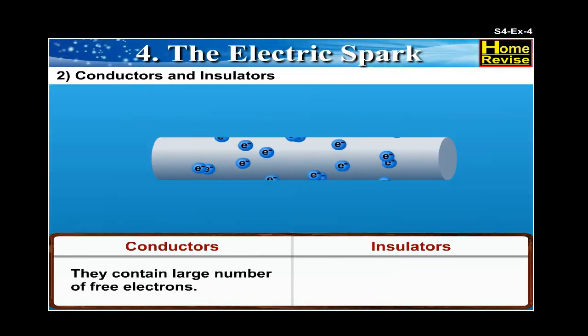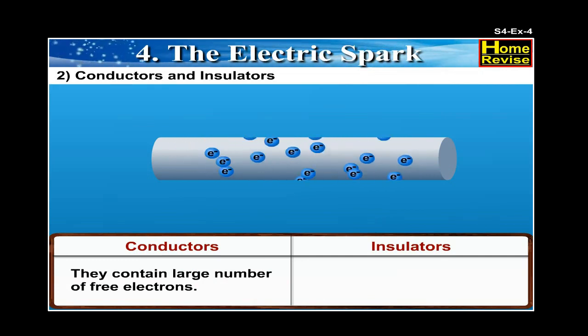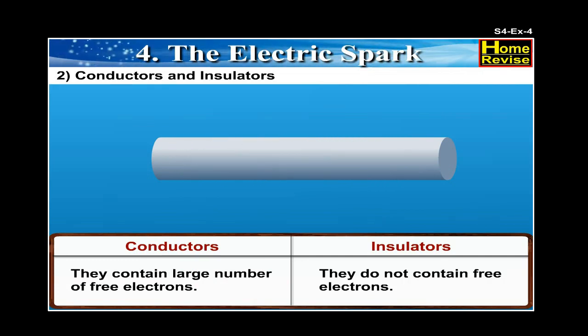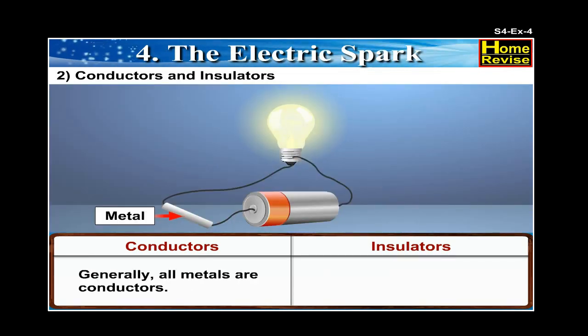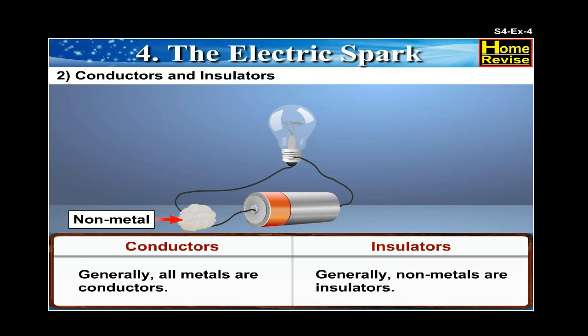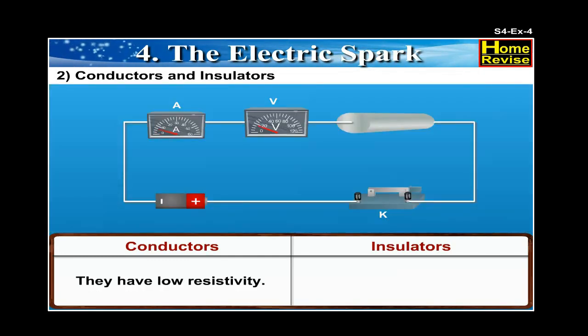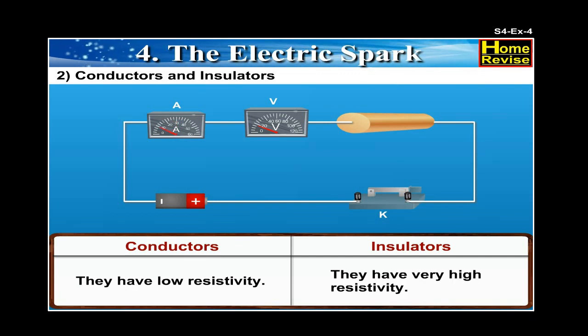Conductors contain a large number of free electrons, while insulators do not contain free electrons. Generally, all metals are conductors, while generally, non-metals are insulators. Conductors have low resistivity, while insulators have very high resistivity.